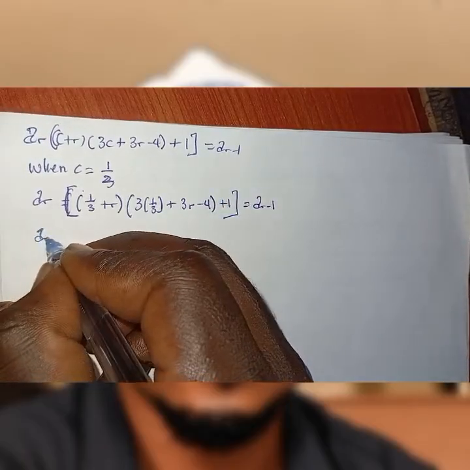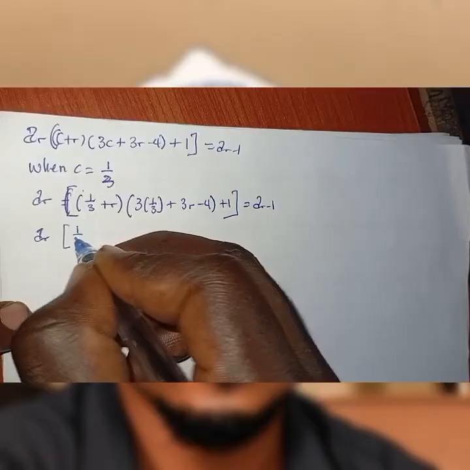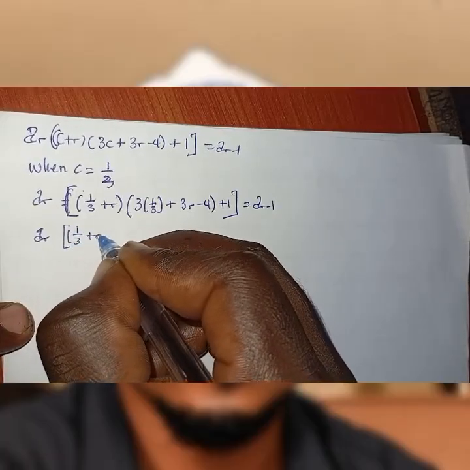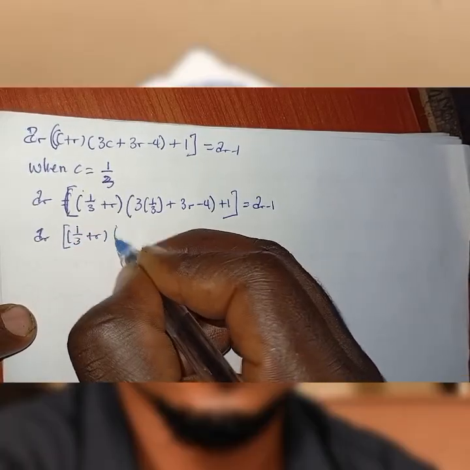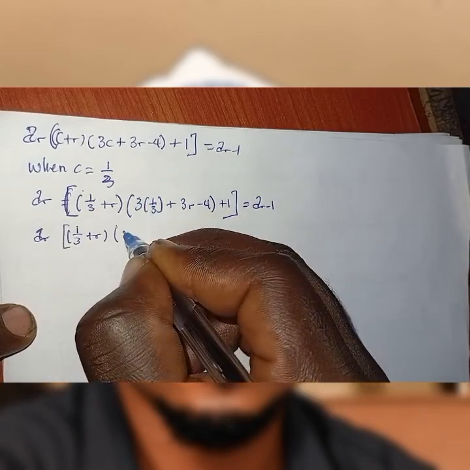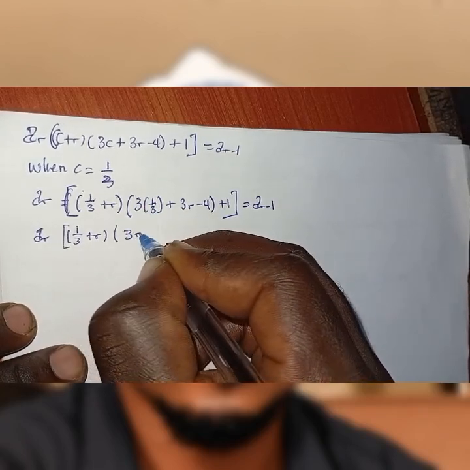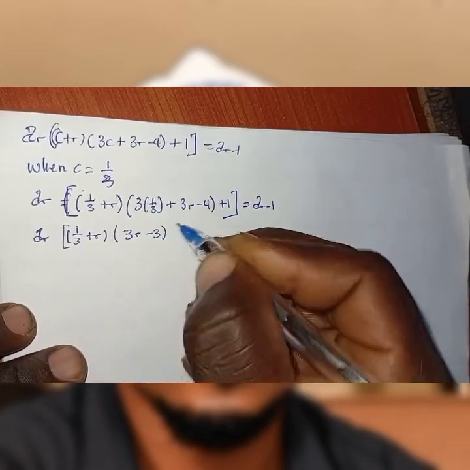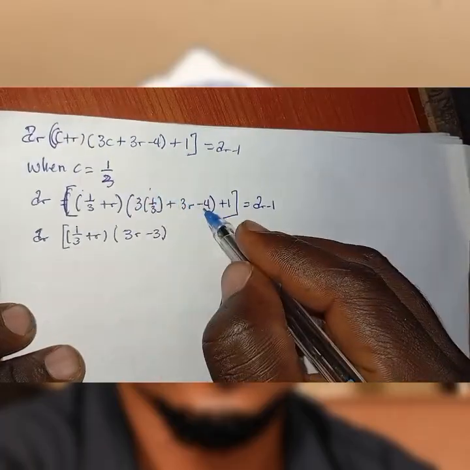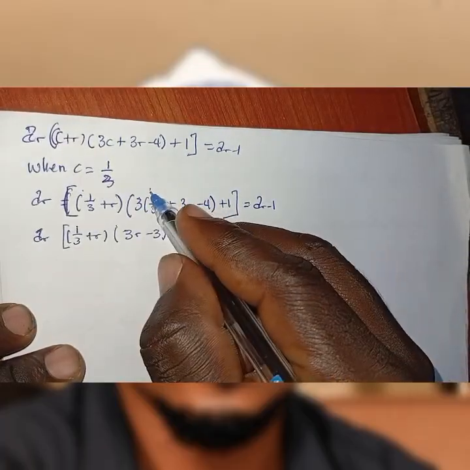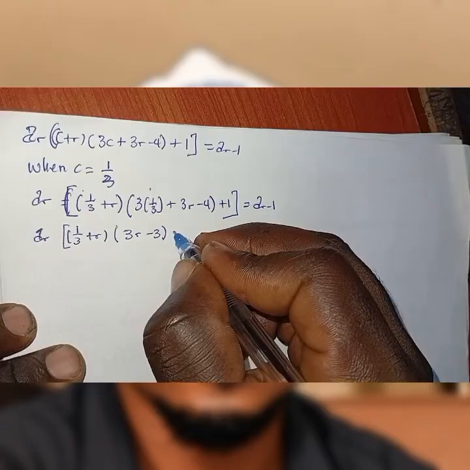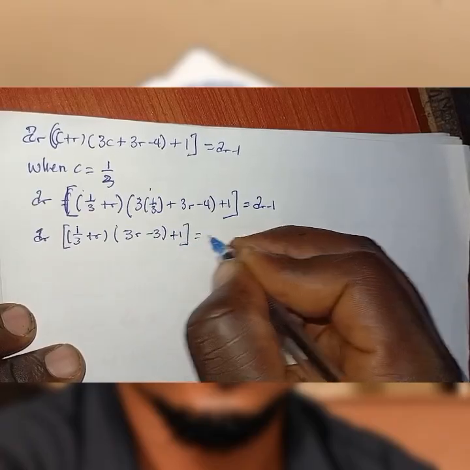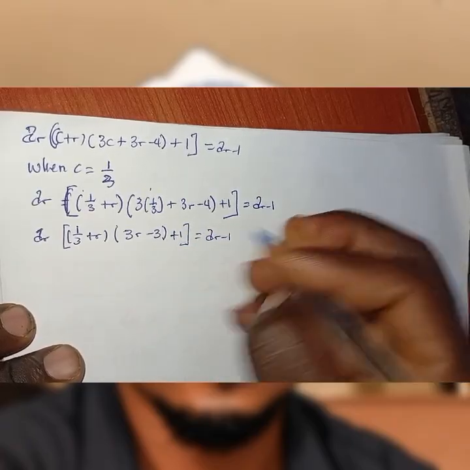Now from here, 1 over 3 plus r. Now this will give us 3, cancel 3, so we remain 1, 3r minus 3. Then this one will be 1. Now minus 4 plus 1. So you have this plus 1 equals a whole minus 1.